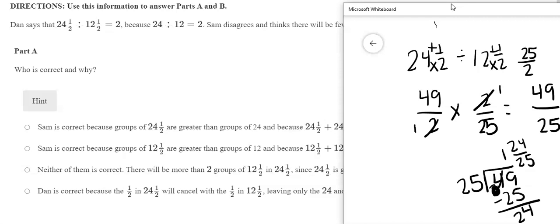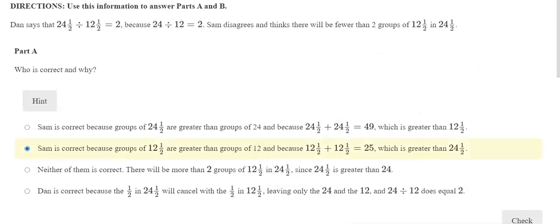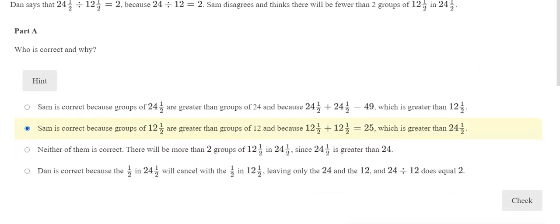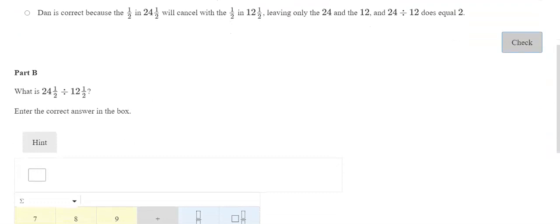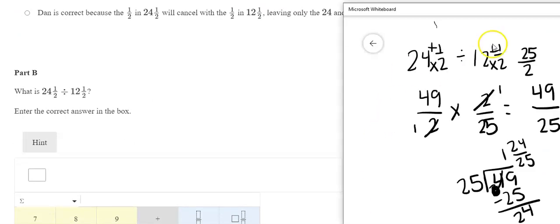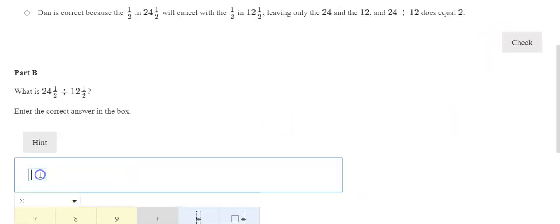So because groups of 12.5 are larger than groups of 12. So that's the one we're going to be going with right here, because 12.5 plus 12.5 is 25, which is greater than 24.5. B, and we just did 24.5 divided by 12.5 already. And we got an answer of 1 and 24 over 25.